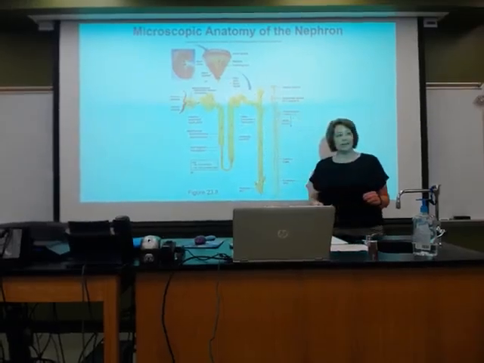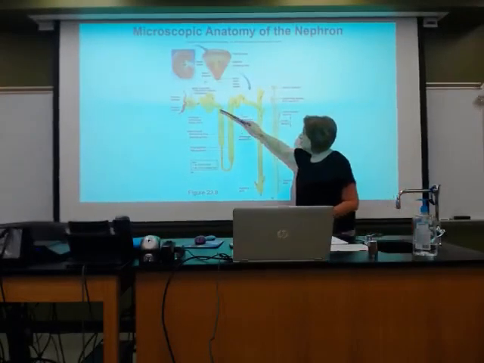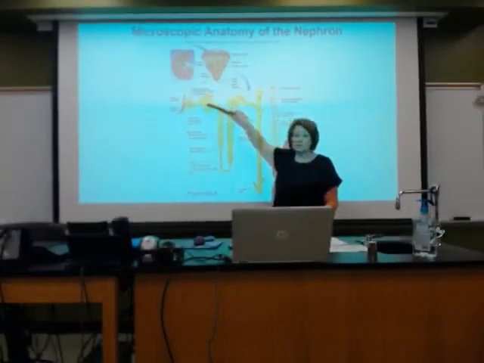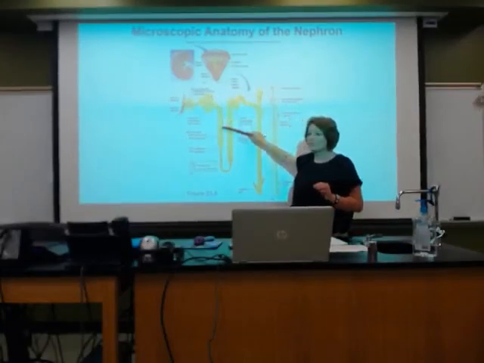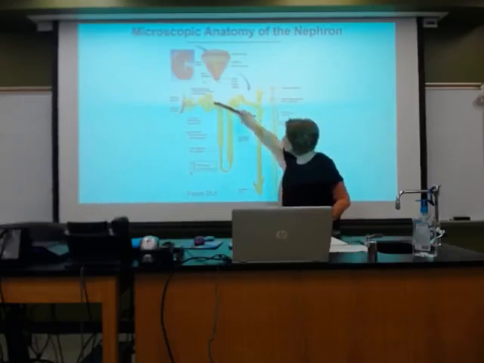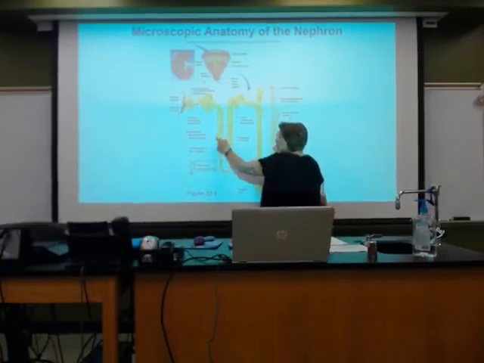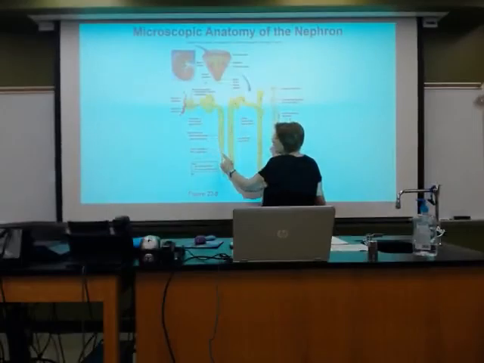If we take this loop and stretch it out so that we can have a view, note they're trying to show me my proximal convoluted tubule. They're trying to represent the flow of the fluid. So if we follow the flow of the fluid, note that on this loop, parts of it are thick, parts of it thin.